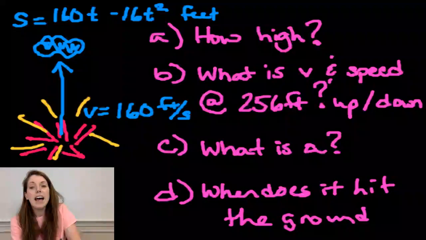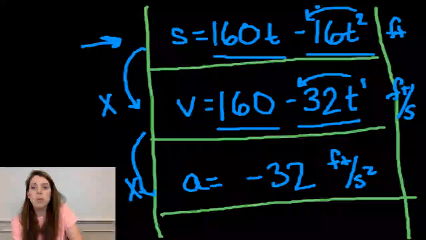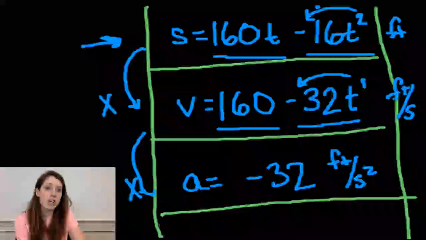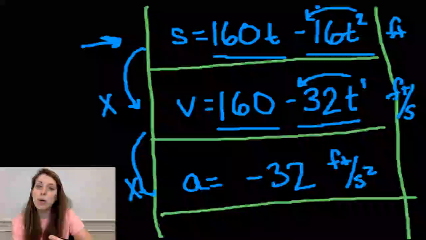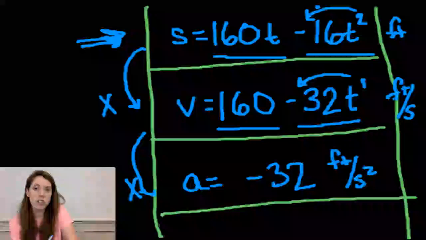A, how high does the rock get? Well, looking at our 3 equations, position, velocity, acceleration, if we're talking about how high, we are talking about a type of position. So we're going to want to use this top equation.